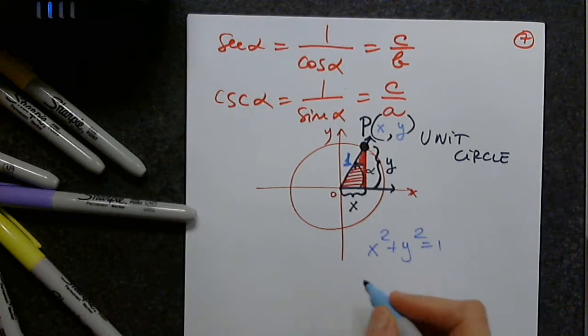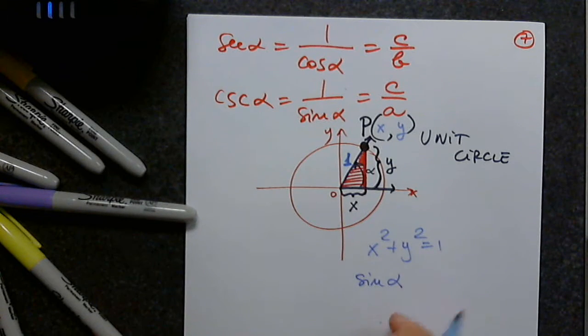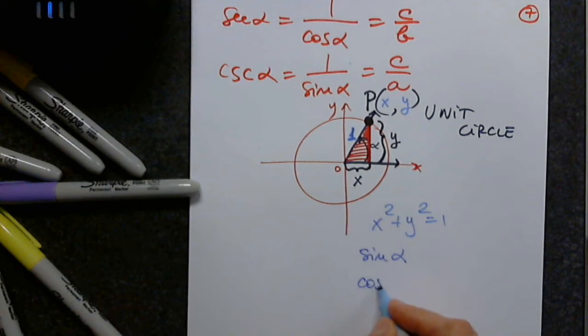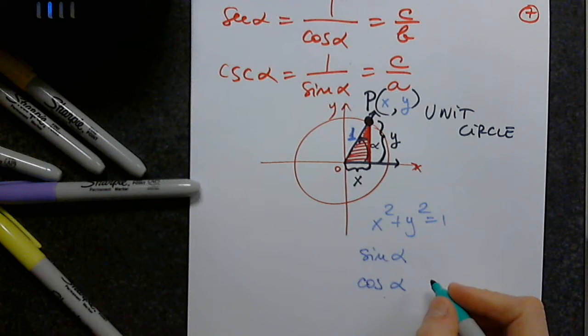Now I would like you to tell me what to write for sine alpha. And of course, I'm going to ask you the same thing for cosine alpha. Sine alpha is? Y over 1. That's sine, the opposite.